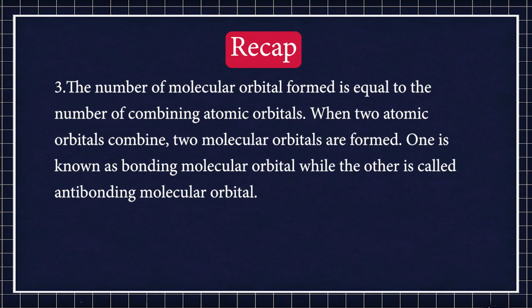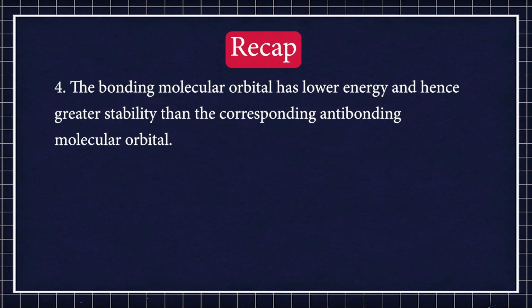The number of molecular orbitals formed is equal to the number of combining atomic orbitals. When two atomic orbitals combine, two molecular orbitals are formed. One is known as bonding molecular orbital, while the other is called anti-bonding molecular orbital. Fourth is, the bonding molecular orbital has lower energy and hence greater stability than the corresponding anti-bonding molecular orbital.